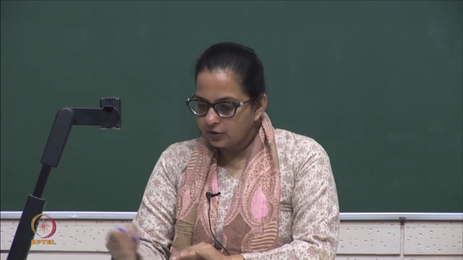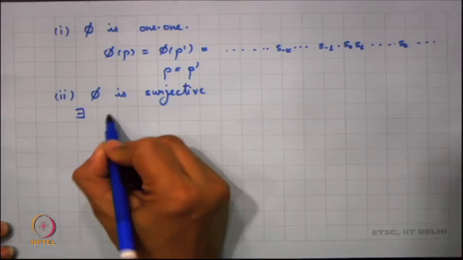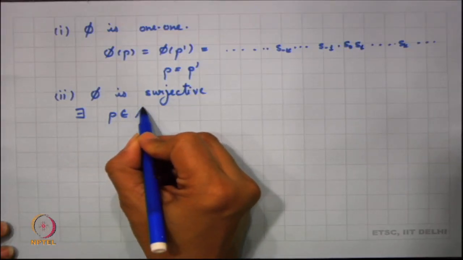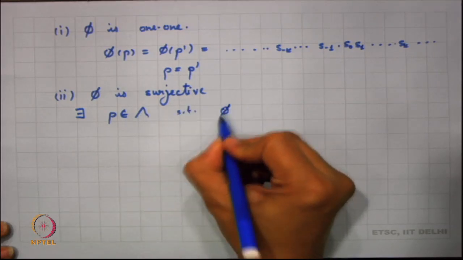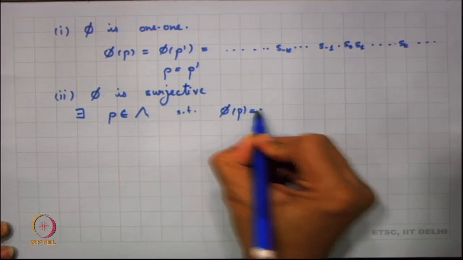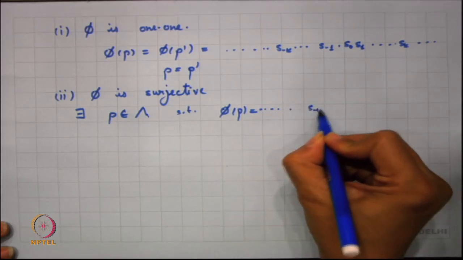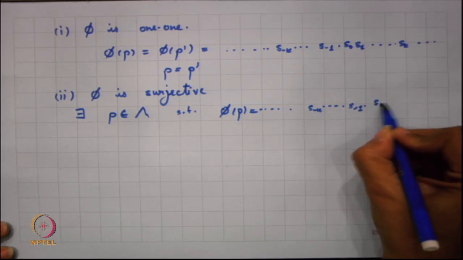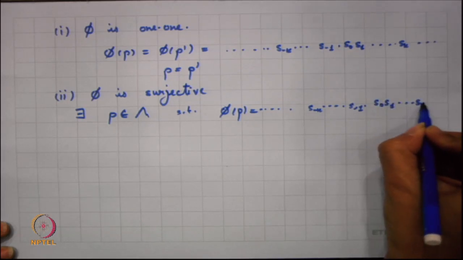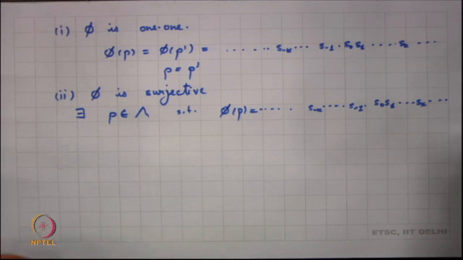So, this particular phi is always surjective. There always exists a p in my lambda such that phi p corresponds to this particular sequence, which comes from the intersection of a vertical line and a horizontal line. So, this is always surjective.